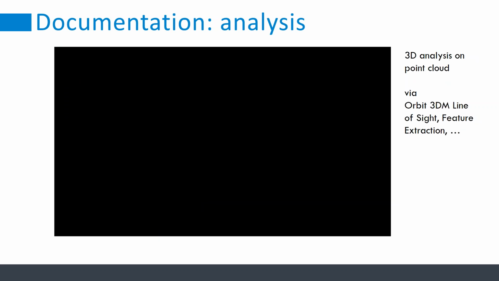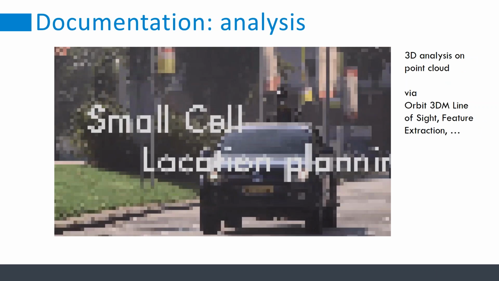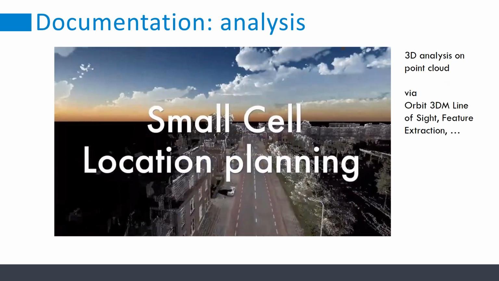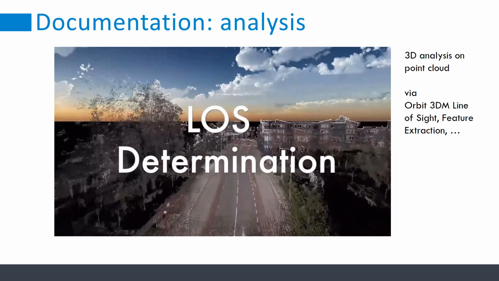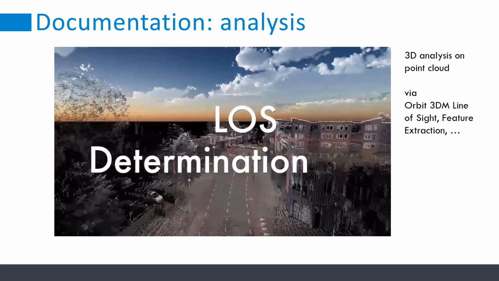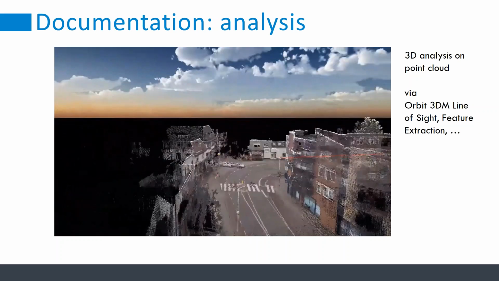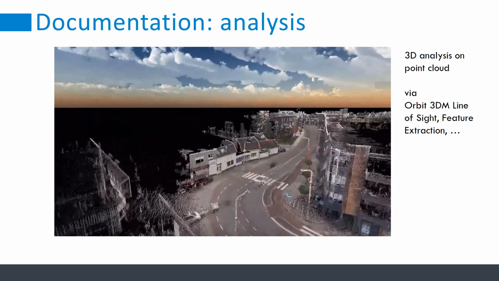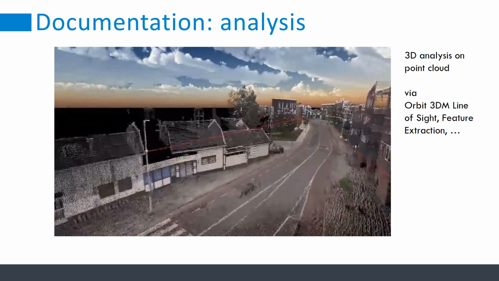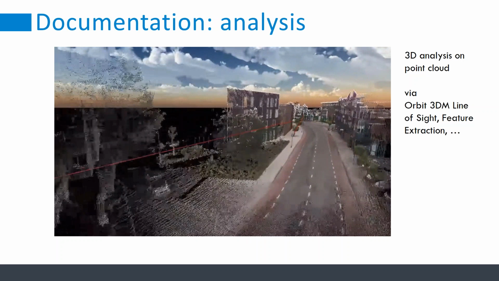Now, a second example I want to give about 3D analysis is a nice example from one of our customers, and it's all about line of sight. It's to detect where the best positions are. Where do I have a connection between two positions or two locations?